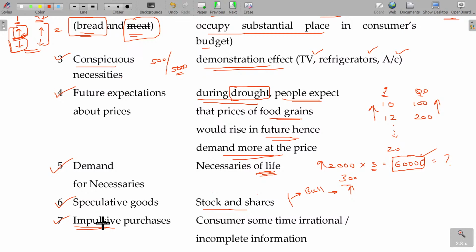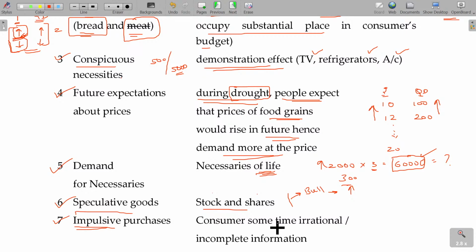While billing in D-Mart, near the billing counter, you may see a number of different chocolates and flavors. Immediately we grab two. Have you thought whether it's needed or not? No, because it induces you to purchase. That is called impulsive purchase.